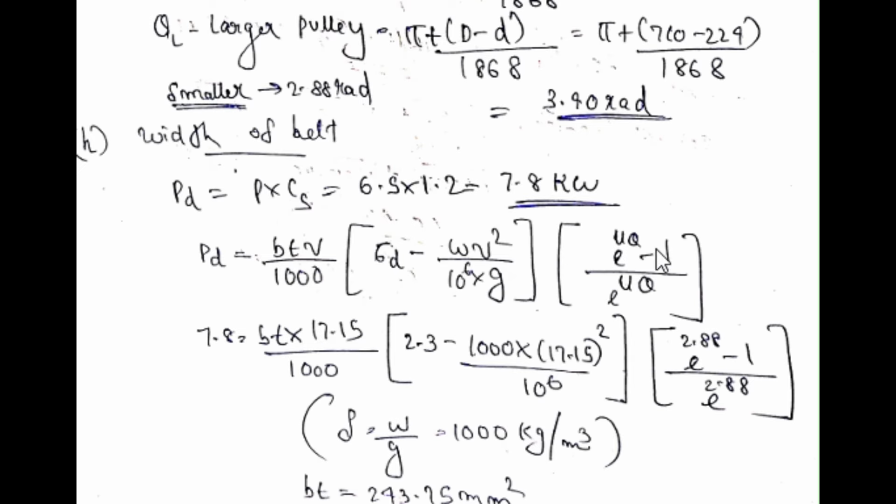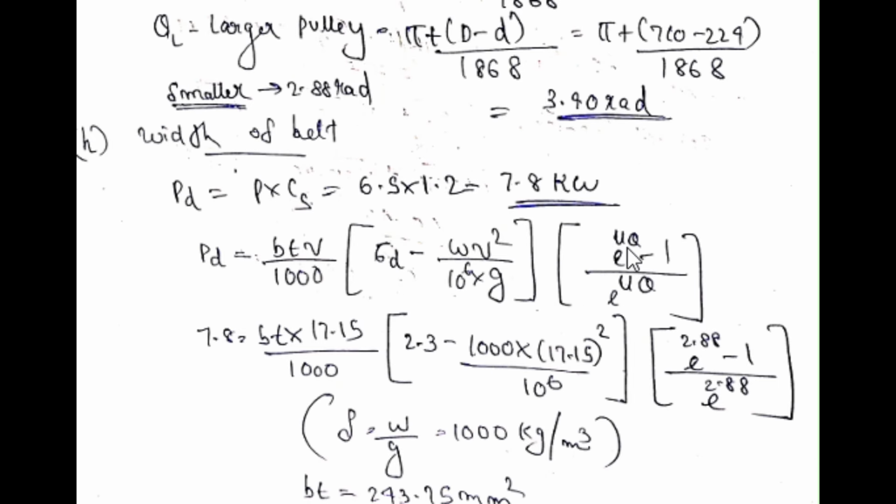Here you can see the mu theta value. I already told you mu is the same for both the smaller pulley and larger pulley, but for theta we have both theta L and theta S, smaller and larger, but you only proceed with the smaller value, that means 2.88 radian. Here actually there is a mistake. It is actually 2.88 into 0.5, the mu value, that is also there. So I made that mistake.